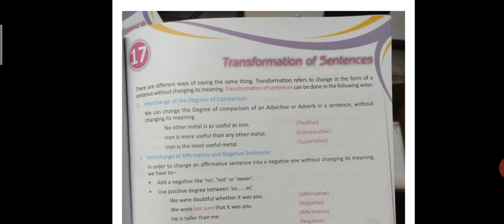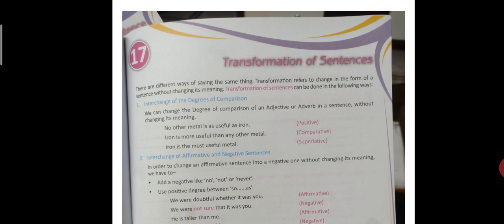We get to know that these three sentences are telling the importance of the metal iron, but the ways of expressing it are different. Means the forms are different, but the meaning is coming the same, isn't it?